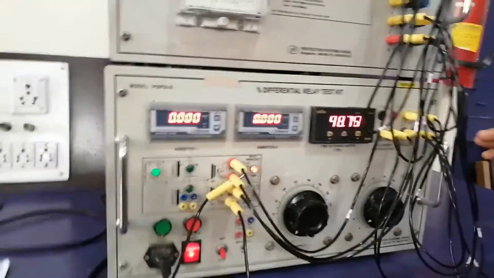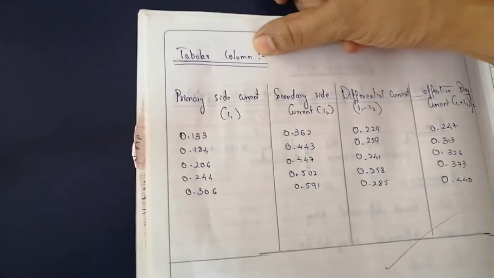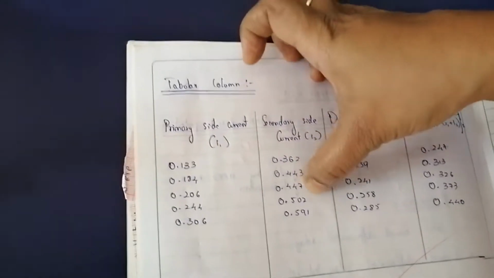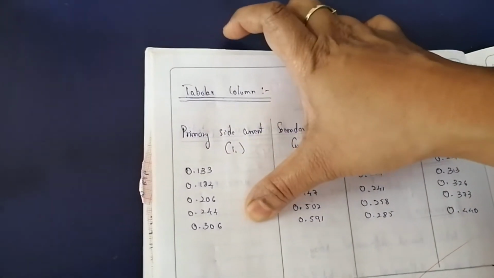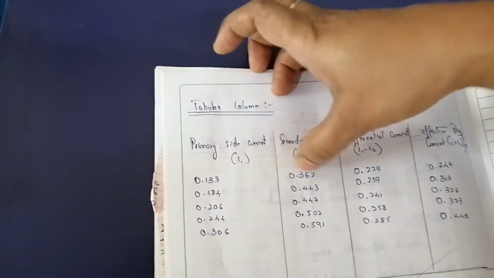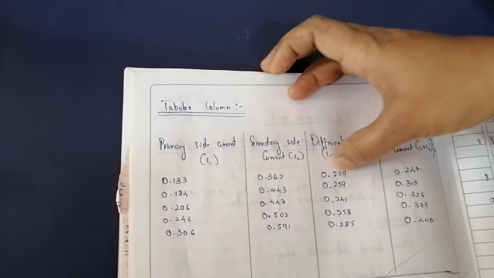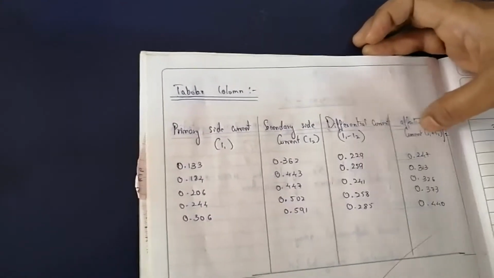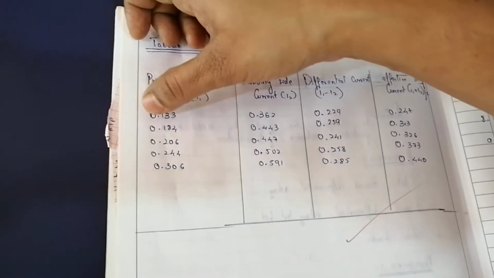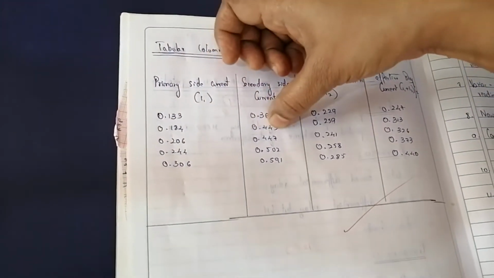Now let us see the tabular column. I have the primary side and the secondary side. I have varied my secondary side I2 and kept my primary side current constant. I have taken the first iteration as 0.133, 0.362. The difference of this current, I1 minus I2, is my differential current, and the effective bias current is (I1 plus I2) by 2. The second one also I have done with the same procedure. I have shown in the second iteration 0.184, 0.443.